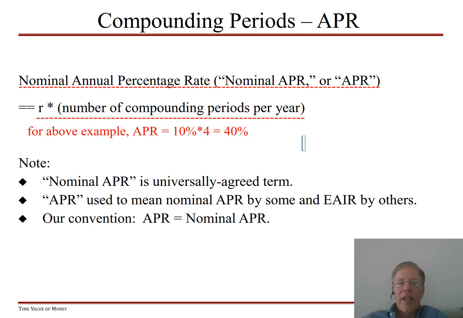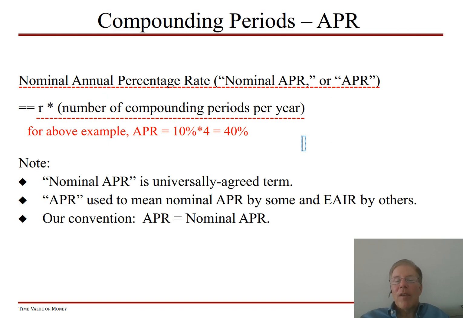Okay, and the interesting thing about this, which I'll touch on more in a second, is that the APR does not tell us how much interest has accumulated in a deal over a year where we have quarterly compounding. That would be 46% for the 10% quarterly compounding example.